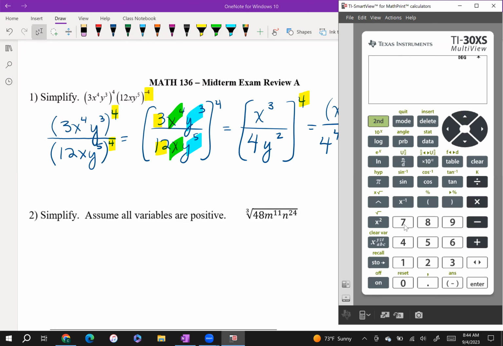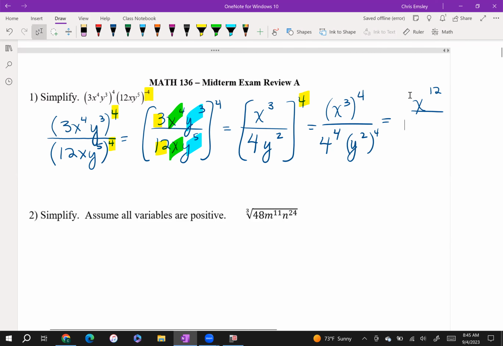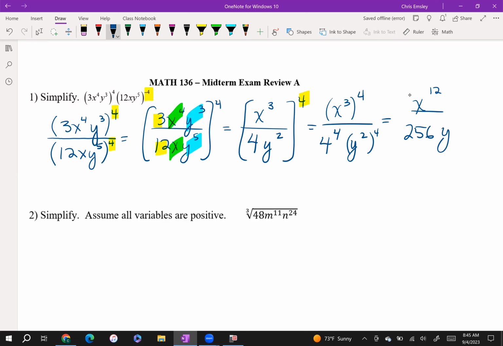Well, let's just check it out to be safe. 4 to the 4th is 256. And then y, again, we multiply those exponents. There's our answer. The other approach you could have taken is gone ahead and applied those exponents right away. It just takes a little more simplifying. That way you end up with some big numbers.